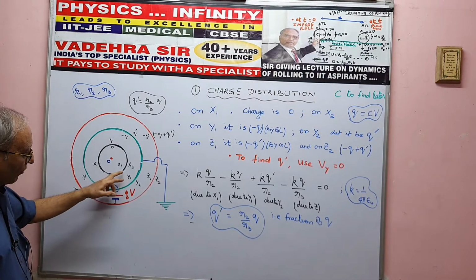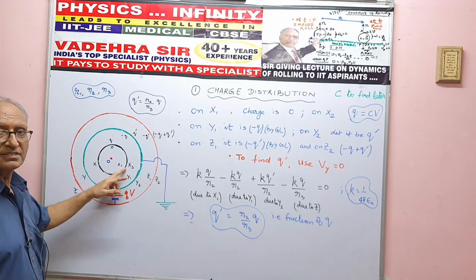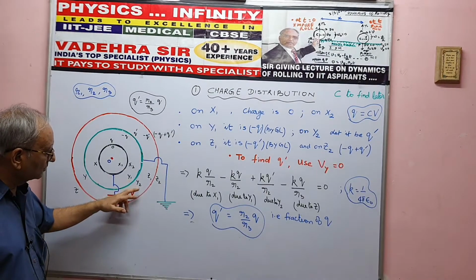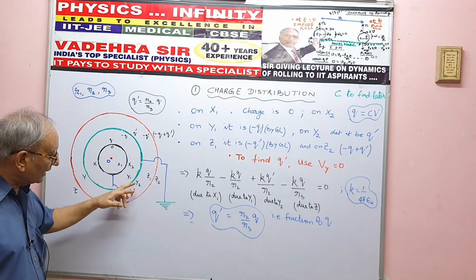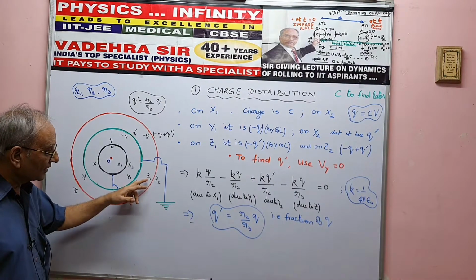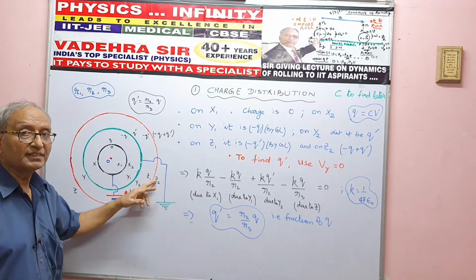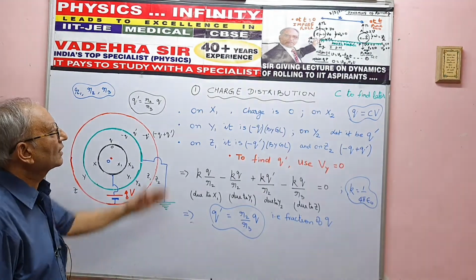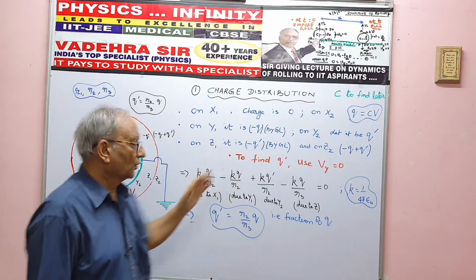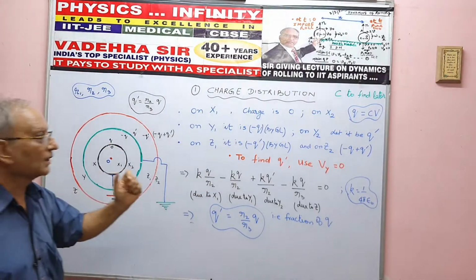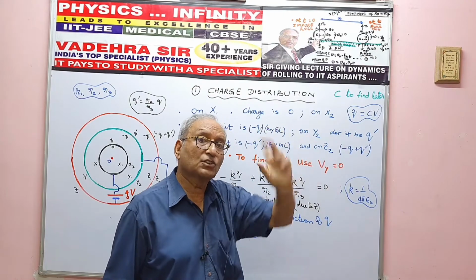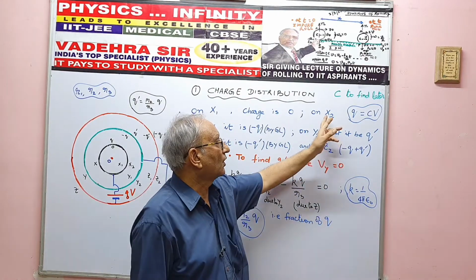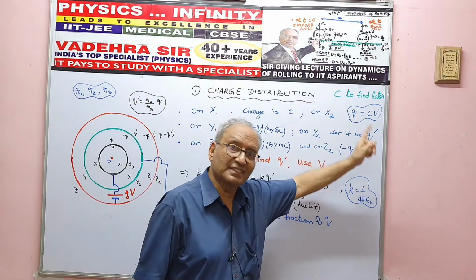Because in front of Y1 there is X2 which is charged, and in front of Y2 there is Z which is also a charged body. Let's see now. On X1 charge is 0. Of course, no charge will reside inside as usual. Then on X2, all the charge Q pushed by the cell comes, where Q is equal to CV.